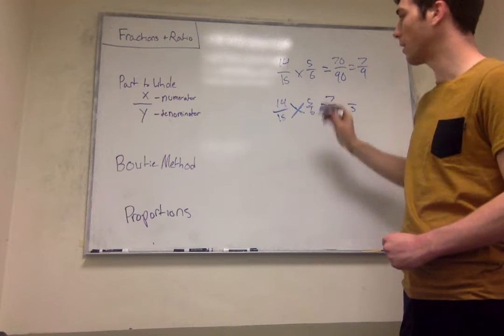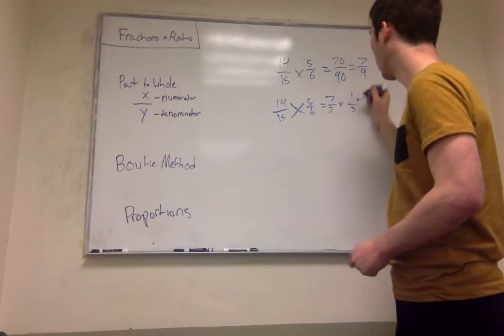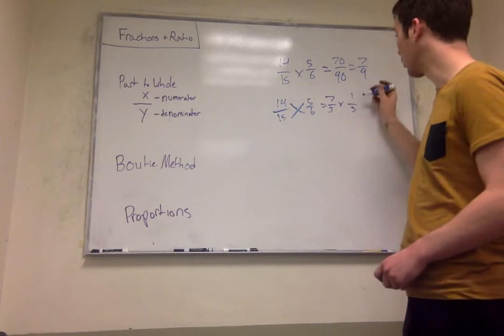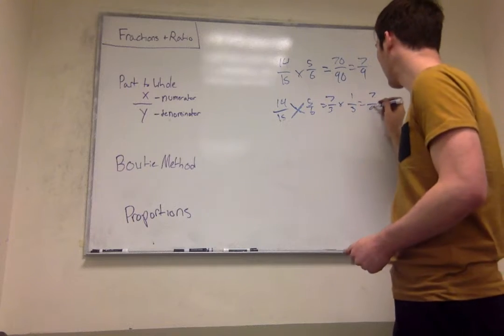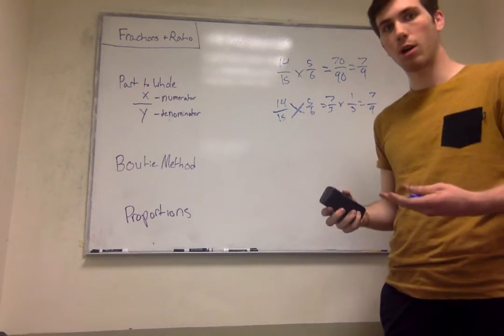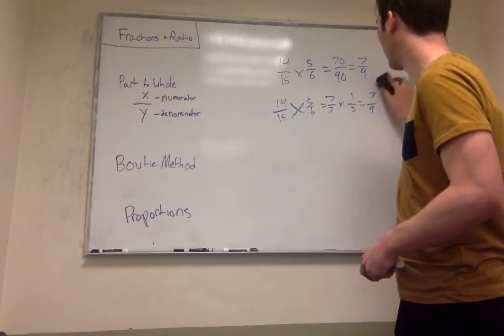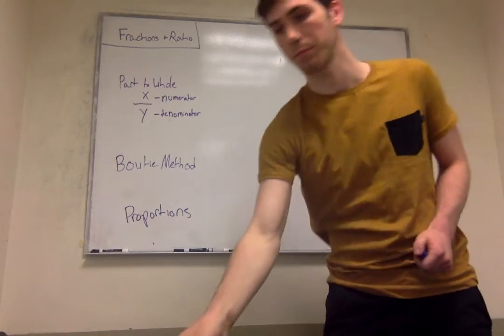And then 15 and 5 both have the factor of 5, so that's 3 and 1. Then we just multiply out like normal. So we have 7 times 1 is 7, 3 times 3 is 9, and we got that pretty easily. It takes a little longer because you have to look for the factors, but if you're worried about the big numbers, then that's a great way to work around that.